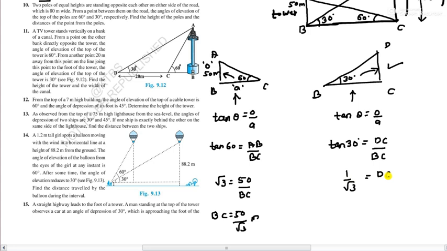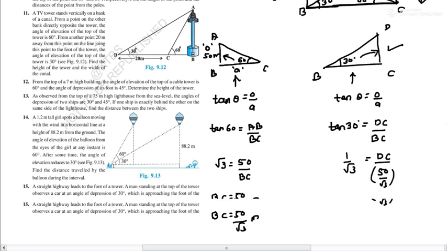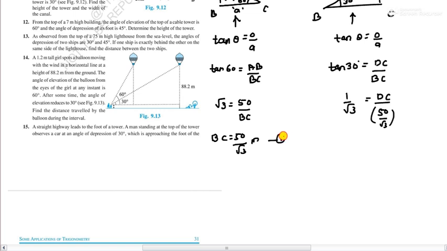DC is unknown, and BC I can substitute as 50 by root 3, from the first one. Now if I solve this, I'll get 1 by root 3 is equal to DC. This root 3 will come up since it is in denominator, and this 50 in the denominator it will come. I hope you know this step.